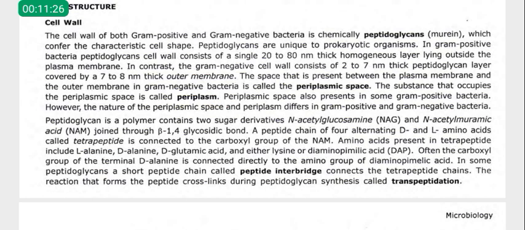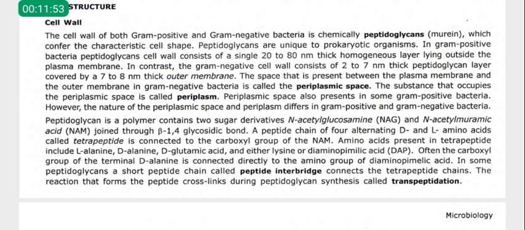A peptide chain of 4 alternating D and L amino acids, called a tetrapeptide, is connected to the carboxyl group of the NAM.